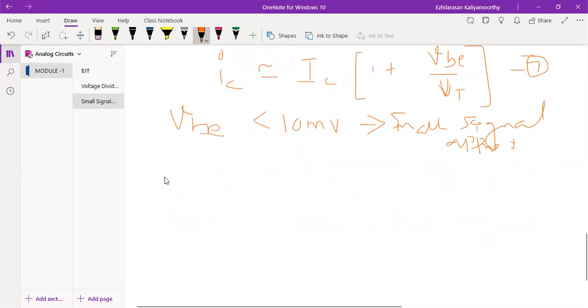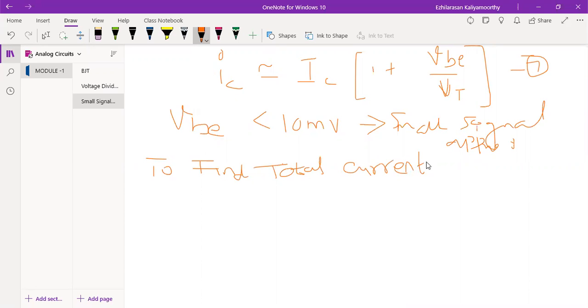Now what we'll do? Let us calculate the total current. To find the total current, from the above 7th expression, the total collector current will be equal to IC plus IC into vbe by VT.